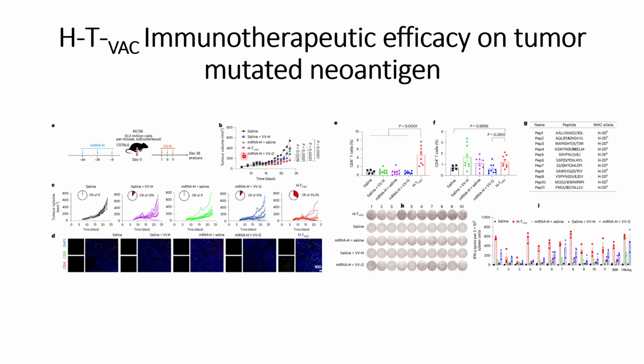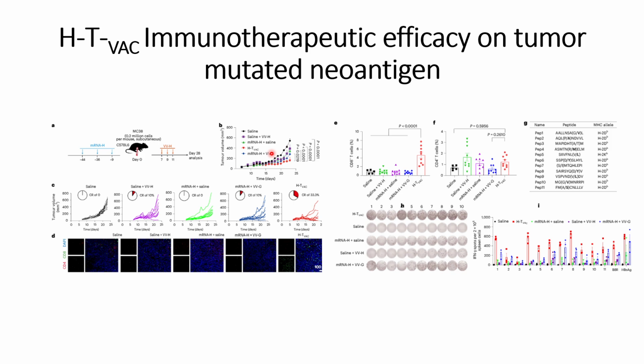In terms of the results, they found that in the case where they used HT-VAC, they were able to see maximum tumor suppression, or minimum tumor growth rate, compared to all other cases where they used the antigens, the VVG, or only the virus with the hepatitis B antigens.